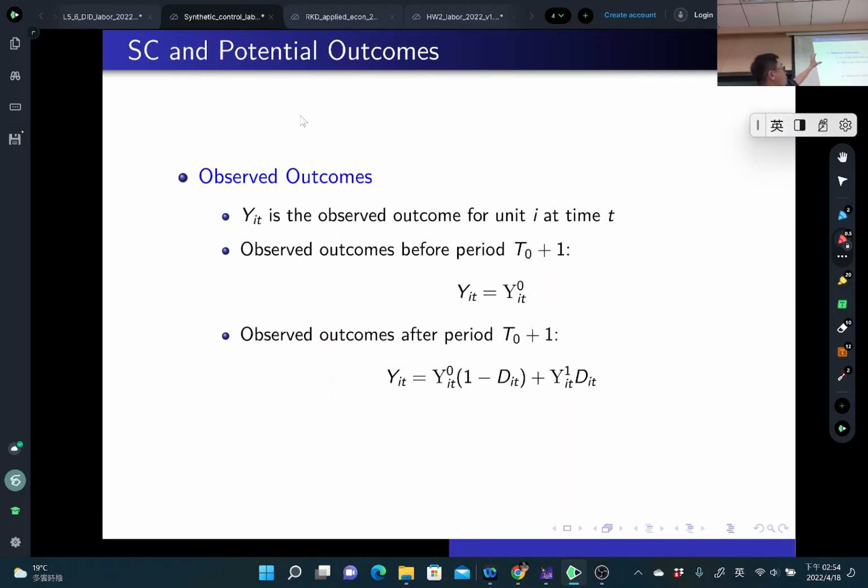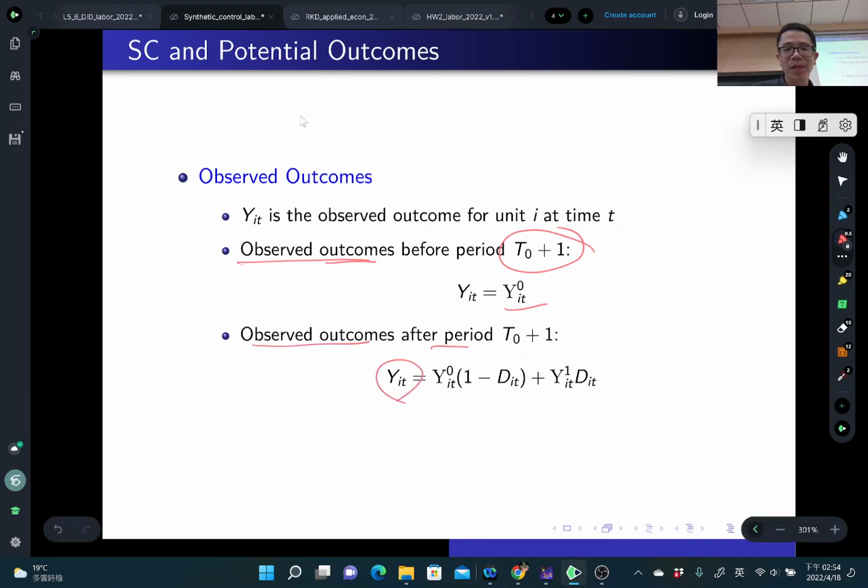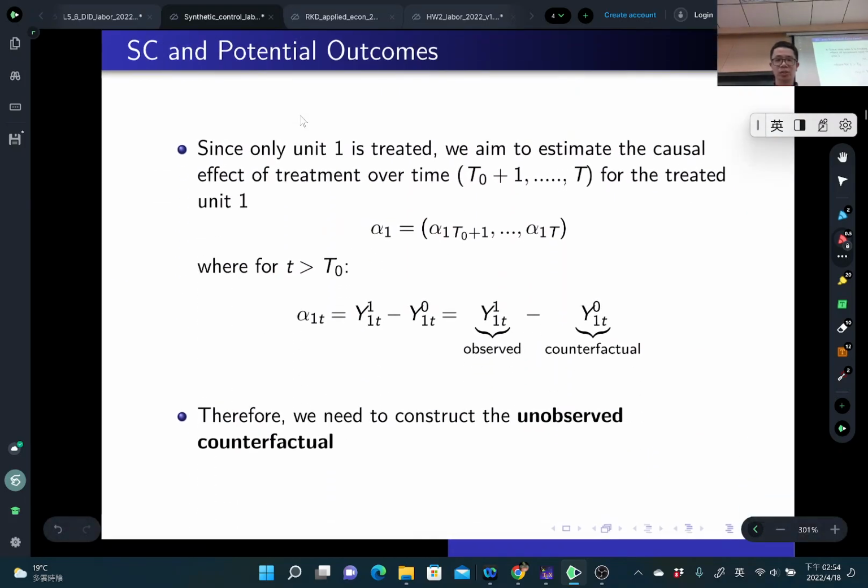So the observed outcome Y before the treatment happens is always Y0, because both treated and untreated units do not receive the treatment before it happens. The observed outcome Y after treatment happens, after T0 plus 1, depends on treatment status. If you are the treated unit, California, unit 1, Y1 is realized, and for the other states, Y0 is realized. Okay. So that is the notation.